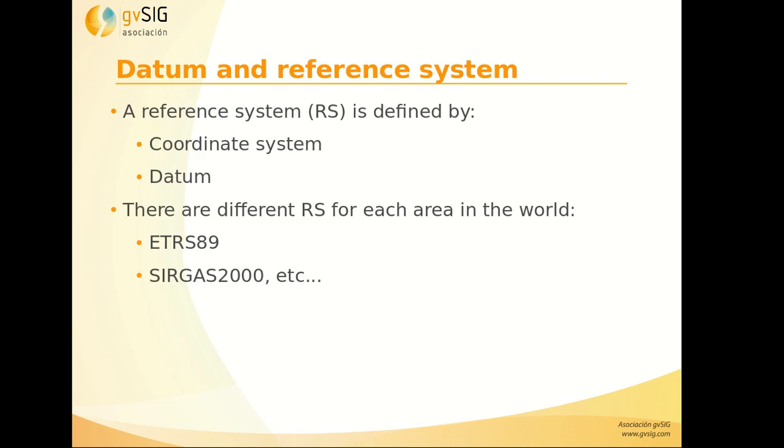Then a reference system is defined by the coordinate system and the datum, and there are different reference systems for each area in the world. We can have ED 50, as we saw, or ETRS 89, that is a current reference system, for example, in Spain.